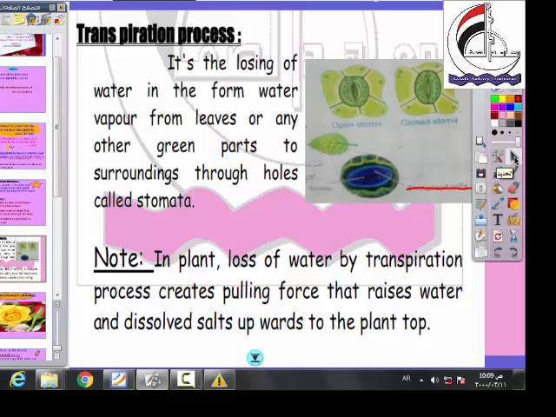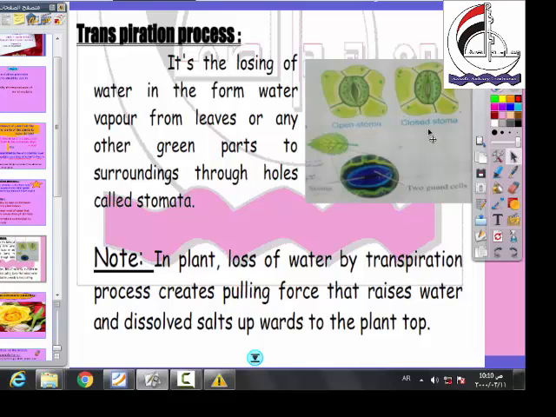Can you observe the difference between the two figures? This is open and this is closed. What is the control? The two guard cells control opening or closing stomata by changing their shape.